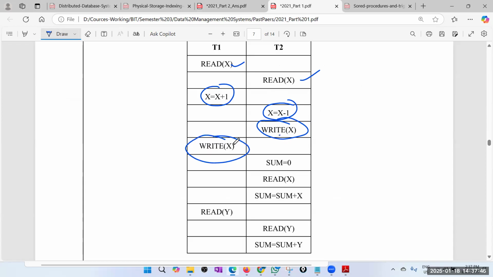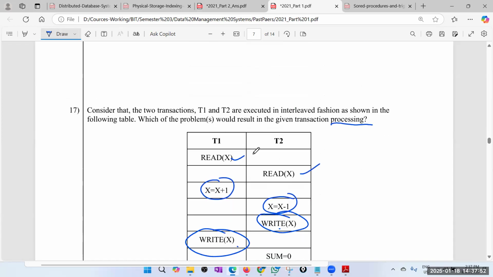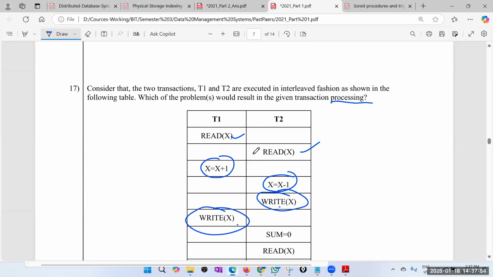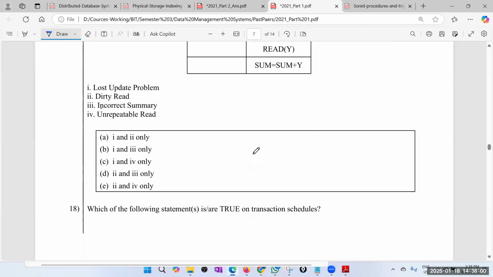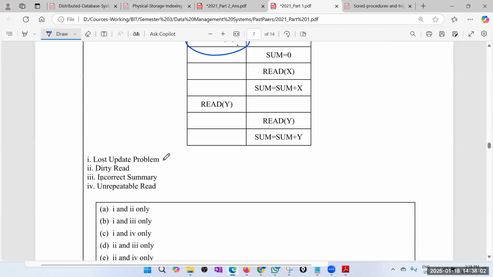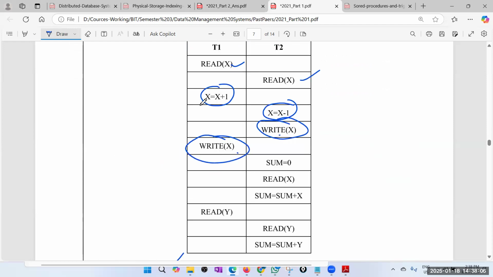Now this update is overwritten by this update. So yes, lost update is there, because this update is lost by this one. So far, lost update is there.